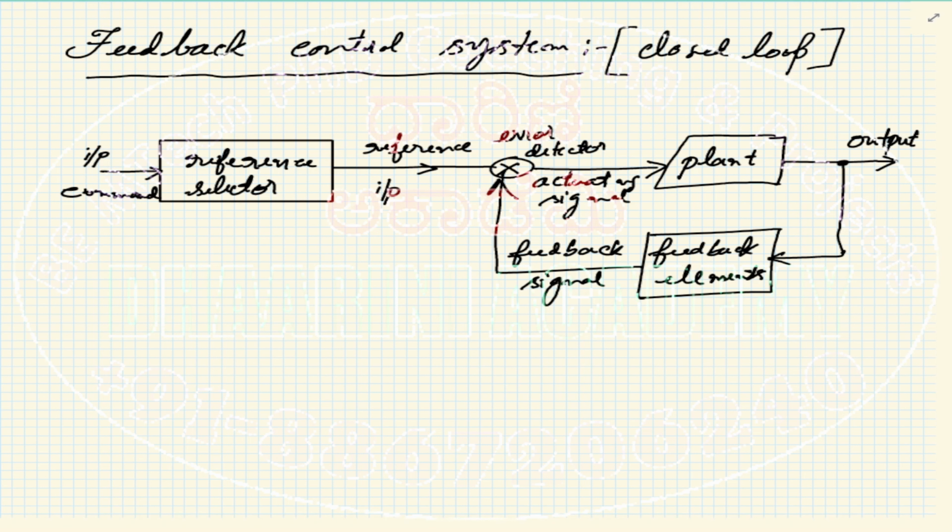Right. So these are the general characteristics of a feedback control system. What all the different parts it's going to have, we can see over here. So when it comes to a circuit which has feedback, maybe the reference selector could be a parallel resistor, and the plant could be the voltage doubler circuit that converts the input voltage to double that voltage.